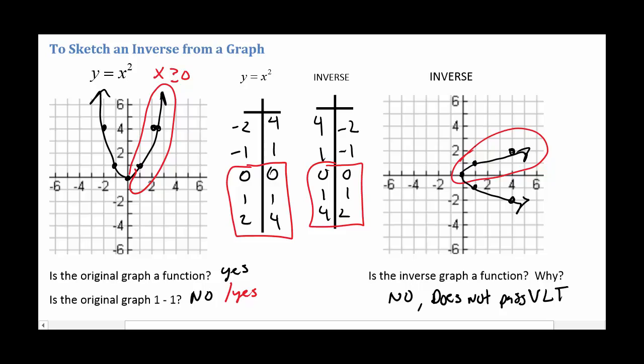And the answer is yes. So a lot of times when you start off with something that's not 1 to 1, you can do a domain restriction on it and generate something that is 1 to 1. And so sometimes in your homework, you'll see problems that have this extra domain statement on there. And the reason for that is because the original function was not 1 to 1 to start off with.